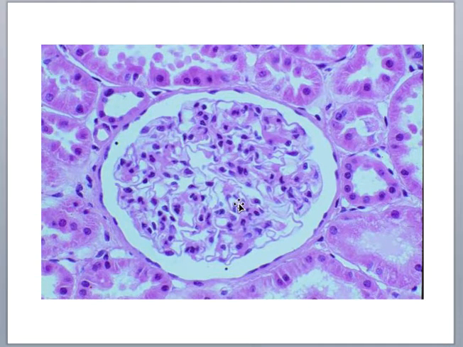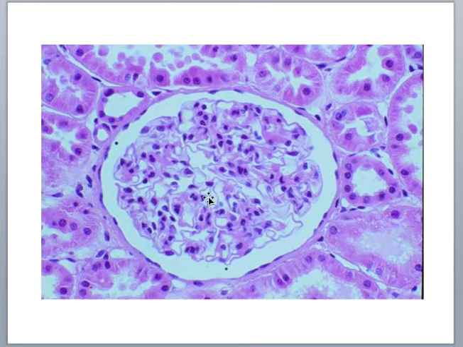And so what do you have to be able to identify? If I have the pointer on this outer layer of simple squamous epithelium, you can tell me Bowman's capsule, or the parietal layer of the Bowman's capsule. And then, of course, the organ would be the kidney. It's really hard to tell the difference between the nuclei of the podocytes versus the nuclei of the simple squamous epithelium of the glomerular capillaries.